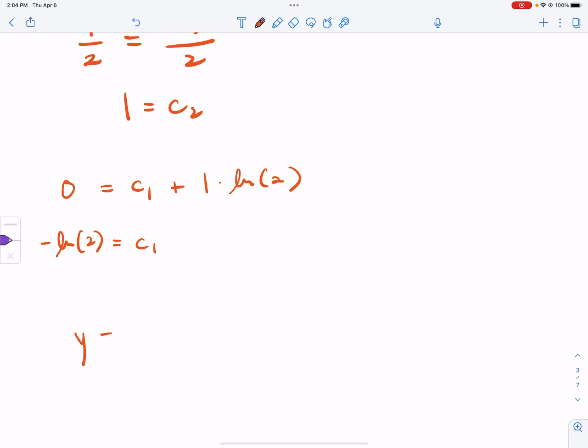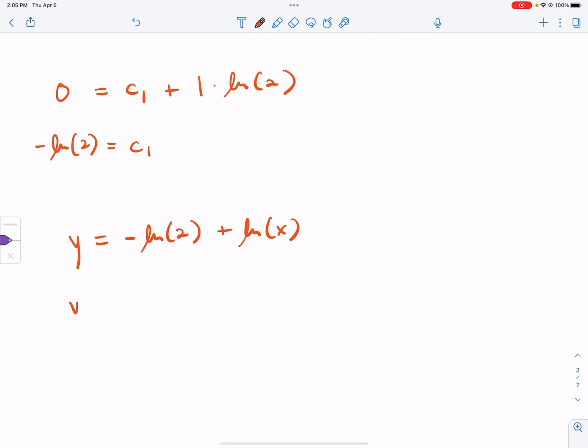So the particular solution with those initial conditions would be y equals negative natural log of 2, which you could write as natural log of 1/2, plus c sub 2 is 1, so then just plus natural log of x.